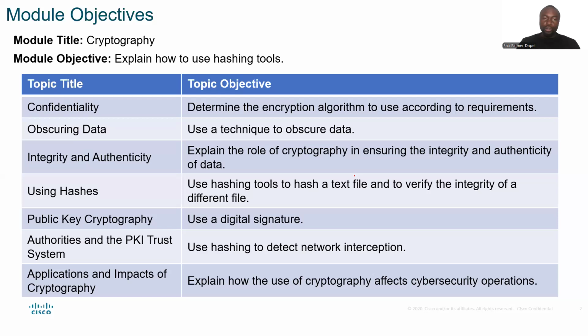In this particular topic, we'll be looking at the concept of confidentiality, determining the encryption algorithm used according to requirements, or obscuring data using a technique to obscure data, or integrity and authenticity using hashes, and the tools that we are going to be using to hash a file.